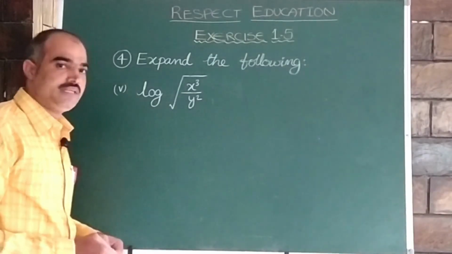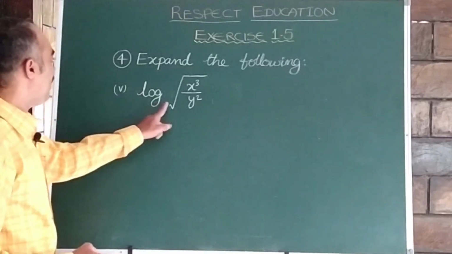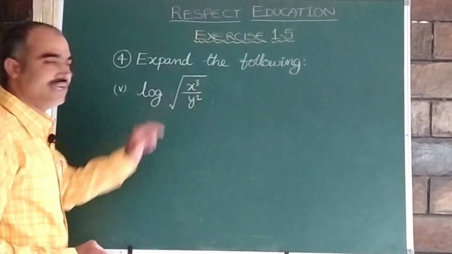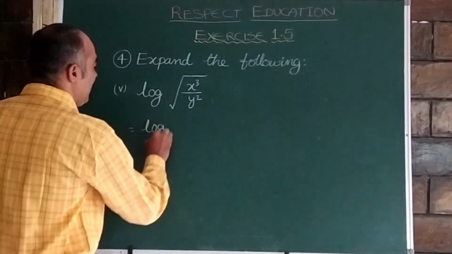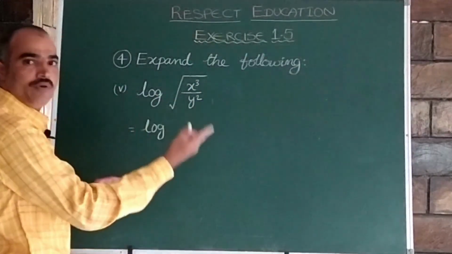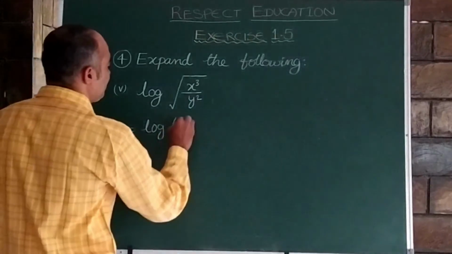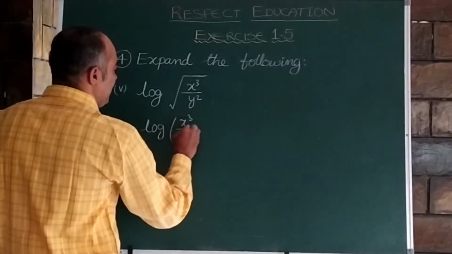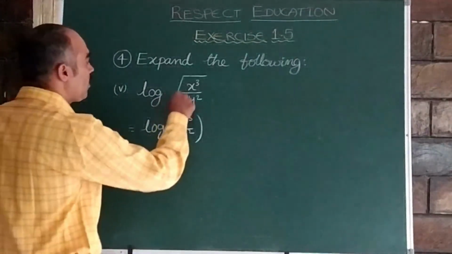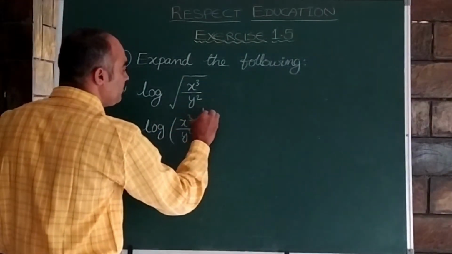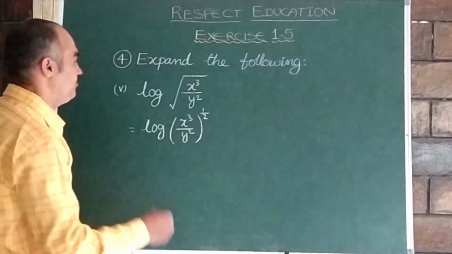Now let us see the next bit, that is the fifth one. Log under root x cube by y square. Here log under root can be written as whole power 1 by 2. X cube by y square whole power, root becomes 1 by 2. Square root becomes 1 by 2.